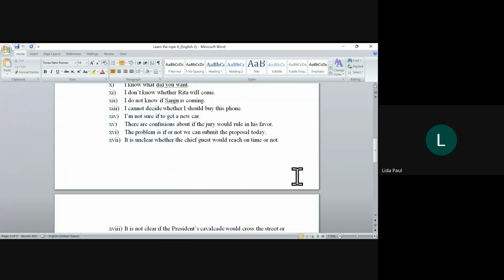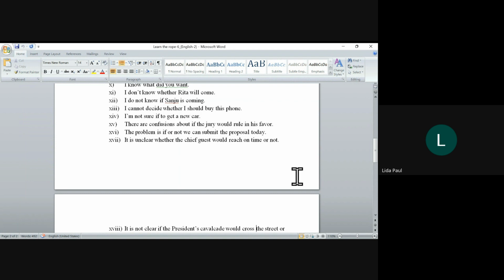Here you have a preposition, about. If there's a preposition before the complementizer, again the preferred complementizer is whether. There are confusions about whether the jury would rule in his favor.